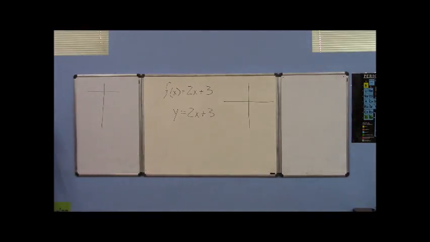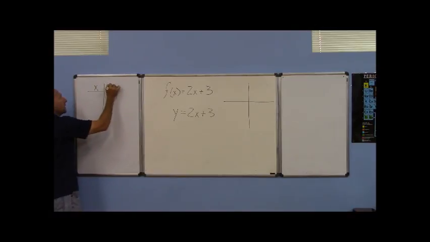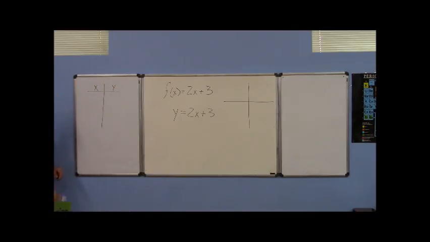We'll have x over here and y over here. Underneath, we're going to list values of x. Underneath, we will discover what those values of y will be when we have values of x.